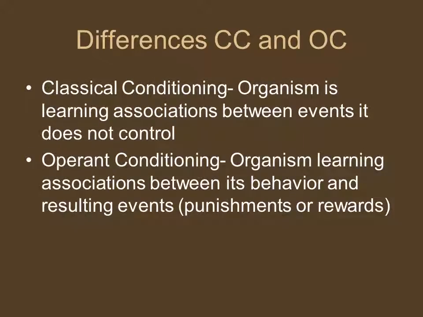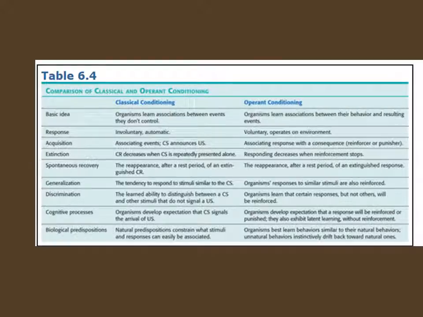The difference is that classical conditioning is when an organism learns associations between events it does not control, like I said, reflexes. Operant conditioning is when an organism learns associations between its behavior and its resulting events, so the punishments and rewards. Here's a table that lists the difference between classical and operant conditioning. It might be helpful for you to copy it down and look it over.